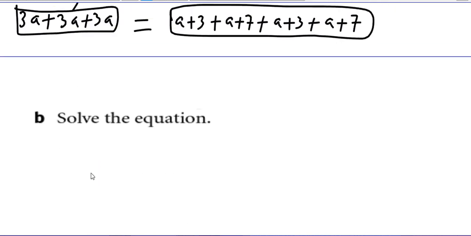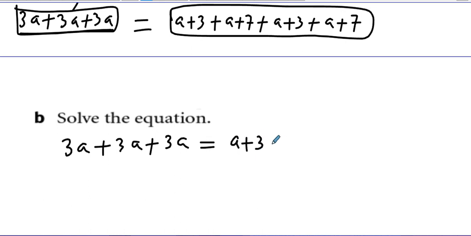Solve the equation. Okay, on your left hand side you have 3a plus 3a plus 3a. On the right hand side you have a plus 3, a plus 7, a plus 3, a plus 7.